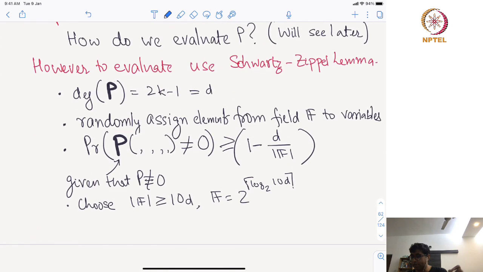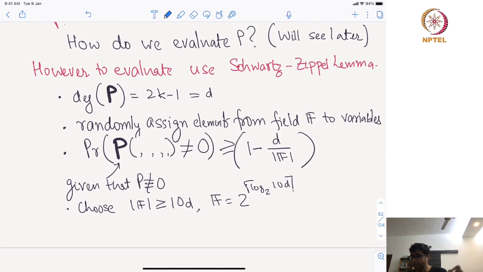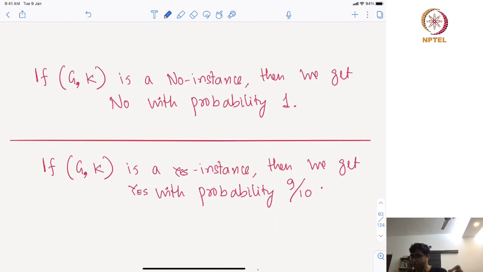Okay. So we are going to choose a field F of size more than, say, 10d. So the field size will be roughly log base 2 of 10d bits. Okay. So now, if (G, k) is a no instance, then we get no with probability 1. So if you do not have a path, then you do not have a path. But if (G, k) is a yes instance, then you know that this polynomial is not identically 0, right?